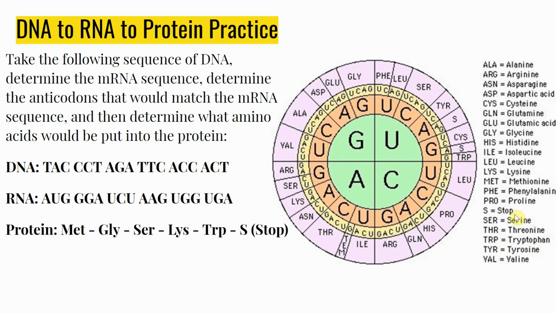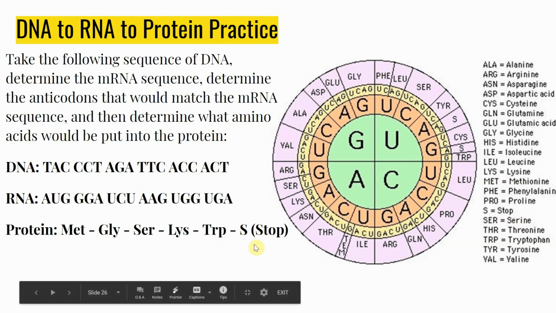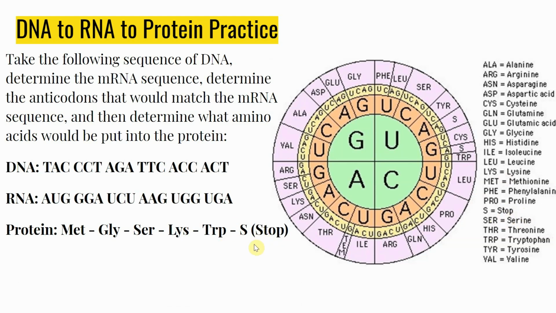This is actually what's called our stop codon. This is going to be a really important codon. I mentioned that when a ribosome is reading an mRNA sequence, it's usually going to end with this stop codon so that the ribosome knows, okay, I'm done reading, I can stop making this protein.